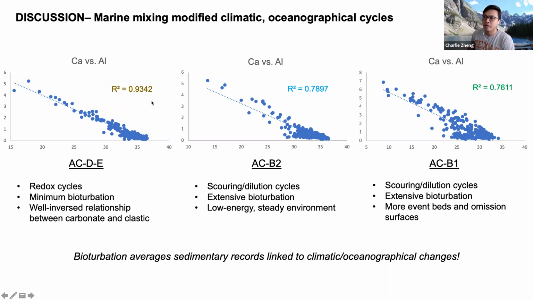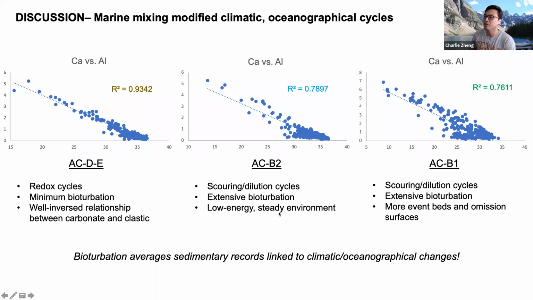So the lower part, the redox cycle, the relationship is almost perfectly inversely related, right? 0.393. Which means when we have higher carbonate, you have lower terrestrial input, but that is because there was minimum bioturbation. The animals dig down really deep. So the original sedimentary signals were likely well preserved in these redox cycles.